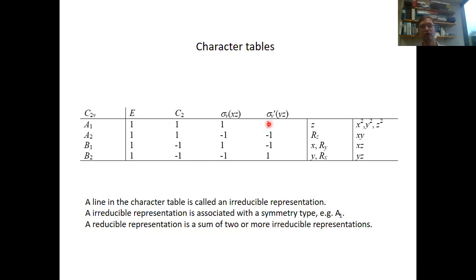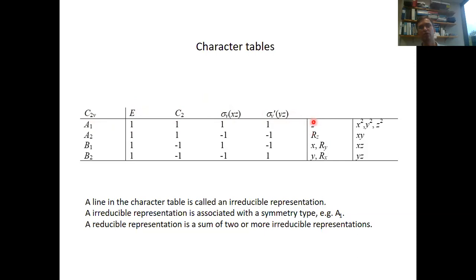The coordinate you find in the column behind the columns in which you find the symmetry operations, in the case of the symmetry type A1, is z.